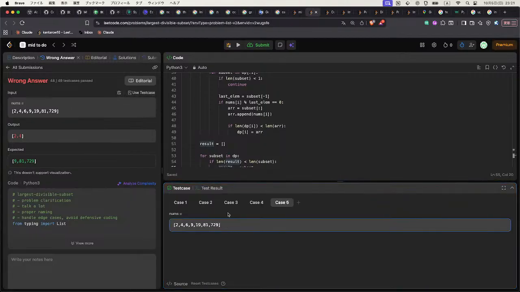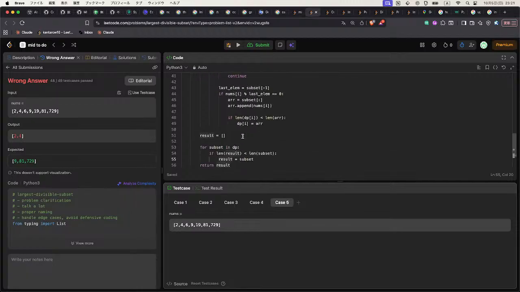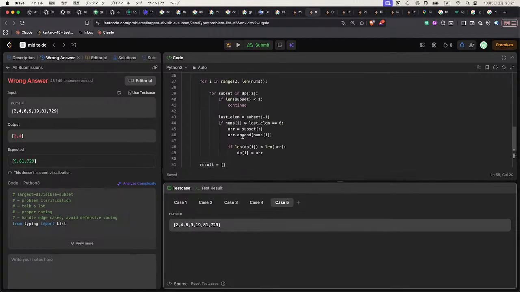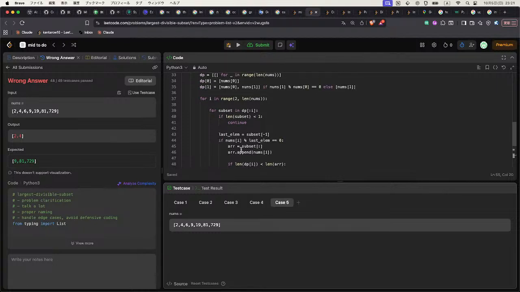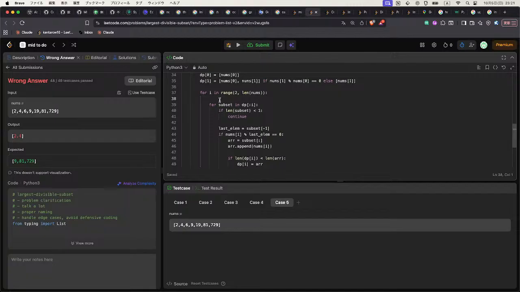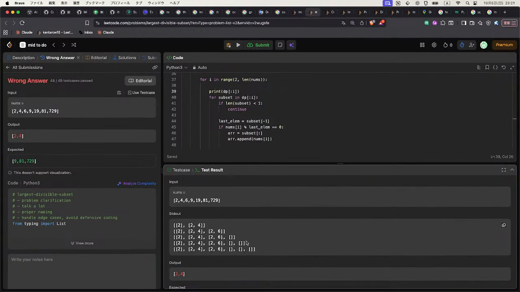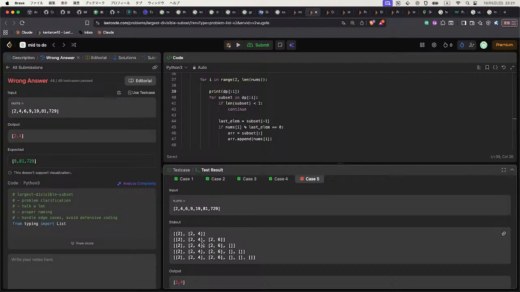Okay, let's see the subsets here. 2, 2 4, 2 6. Okay, we couldn't append a 9.